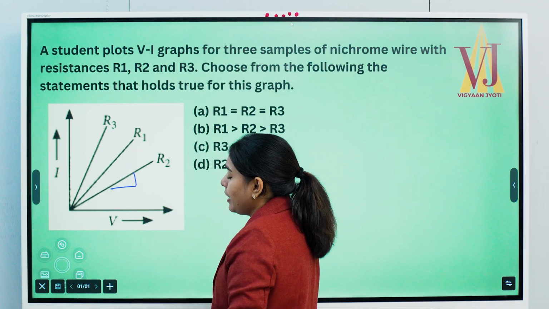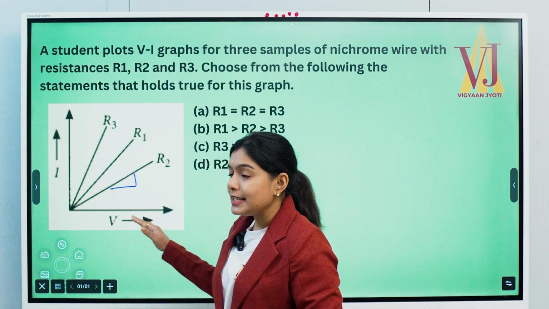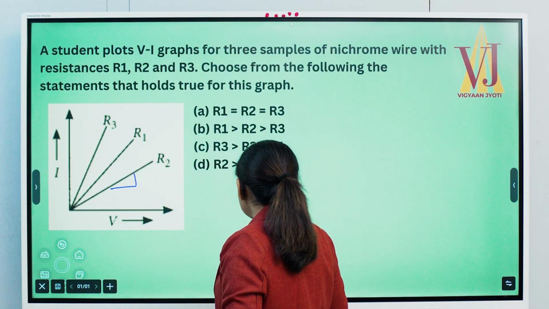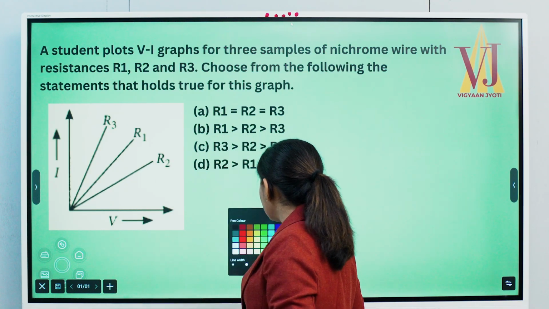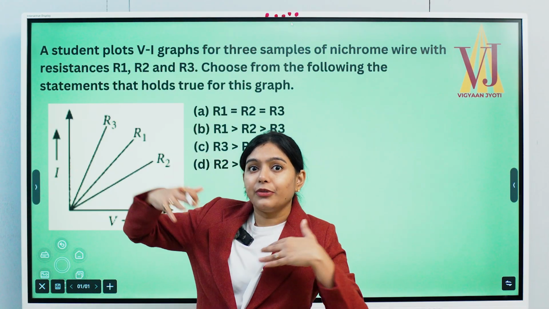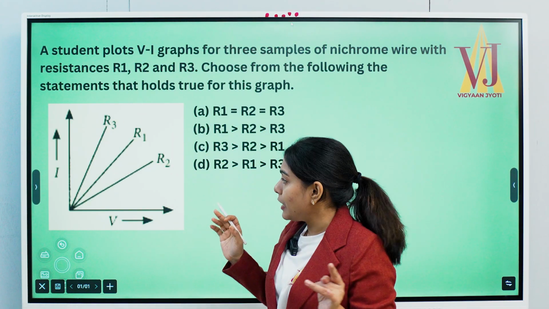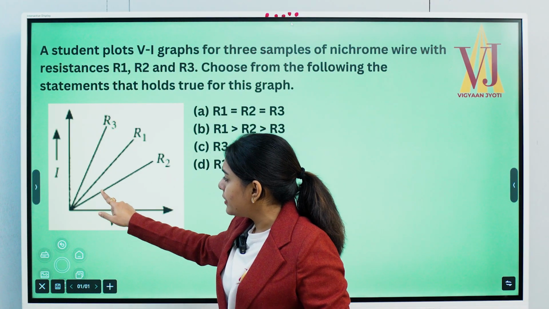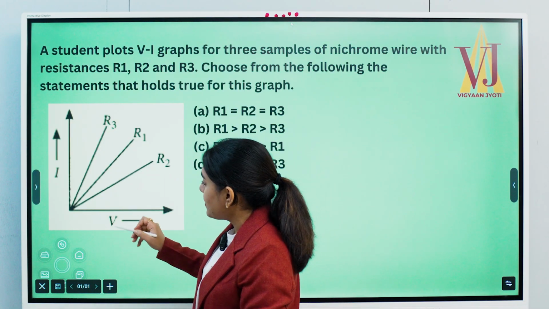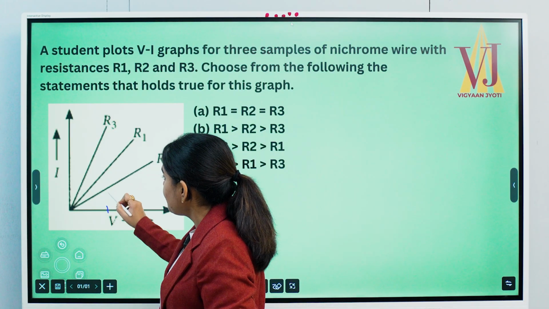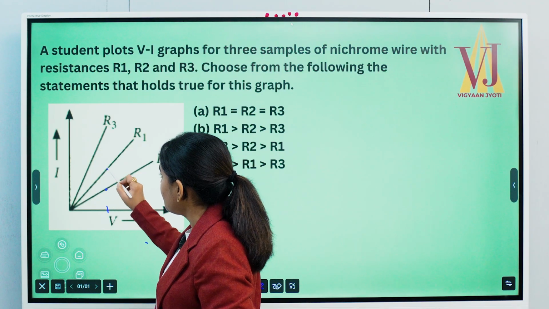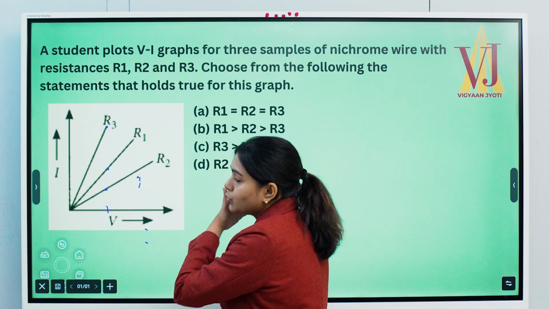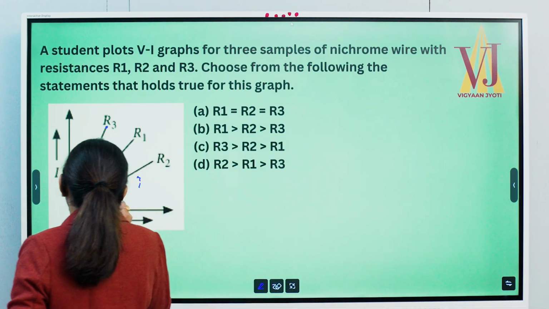Now, if you see one thing very carefully, when my voltage is increasing, in which of the following cases can you say that the flow of current has not been obstructed much? As my V is increasing, the current is increasing like this. If I consider this point here, and almost this point, I can jot down the values.